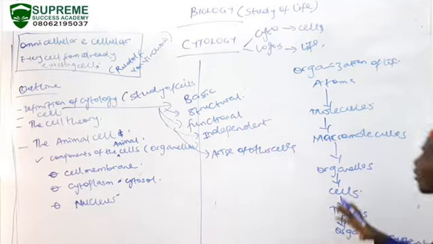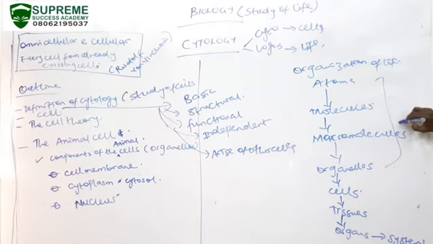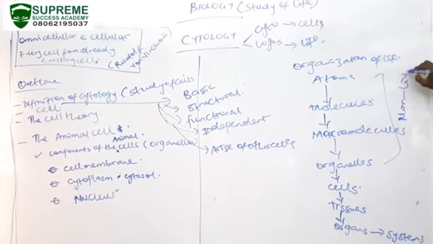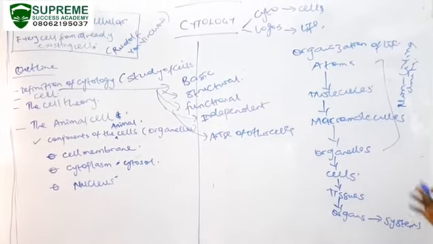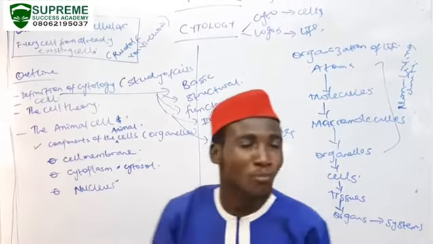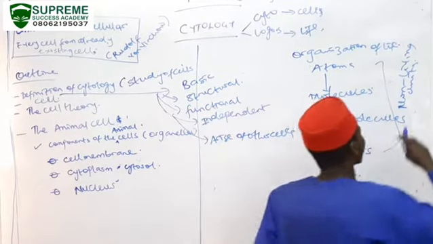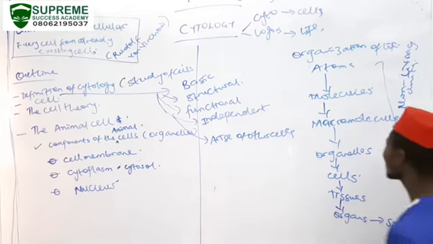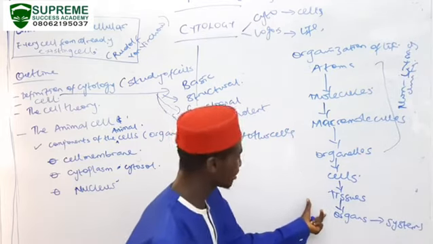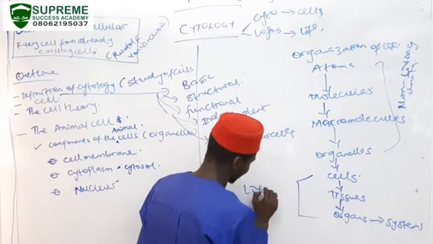Now, if we look at this organization of life, starting from atoms to organelles, we are describing non-living units. Although they are essential for life, life can be said not to have started. So this unit is non-living. While when we begin from the cells to the tissues, the organs and the systems, this becomes living.